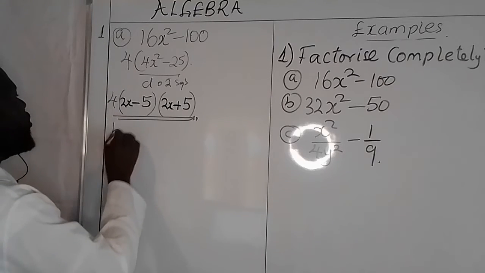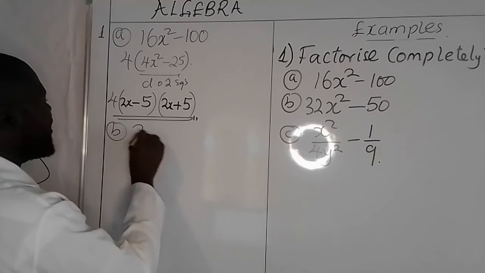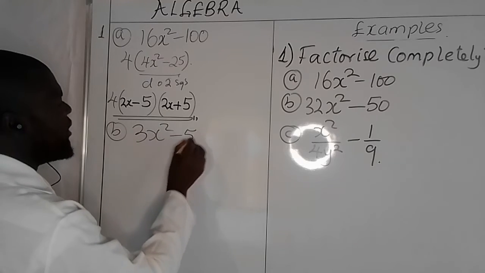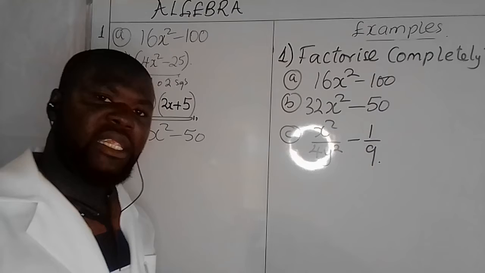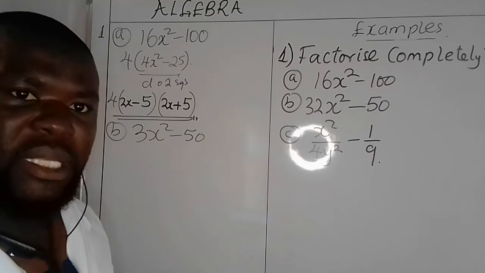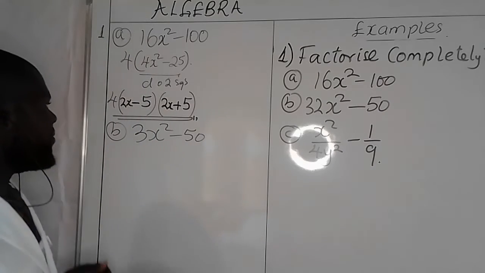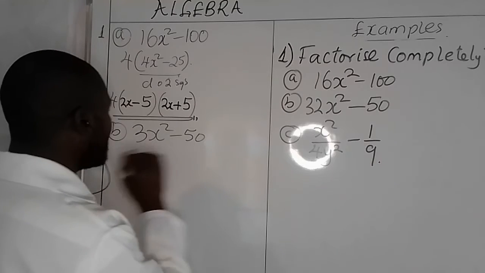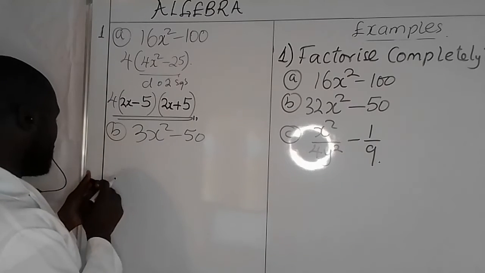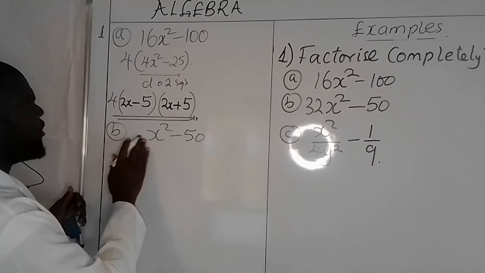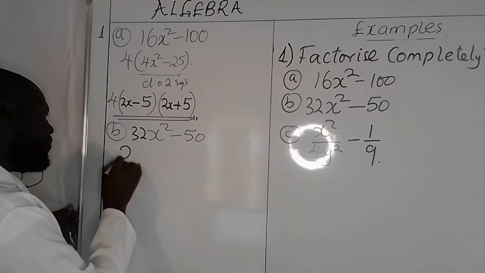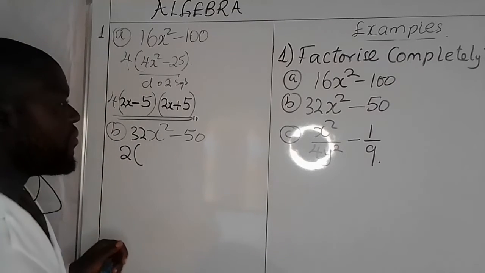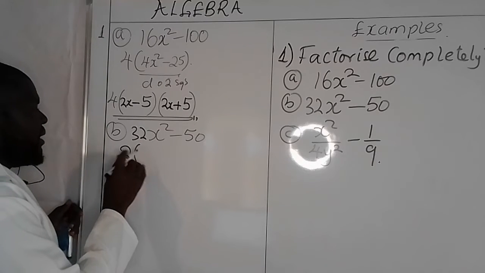Looking at B, we have 32x squared minus 50. Again, we need to look for a number that goes into 32 and 50. That number is 2. So we factorize that out.